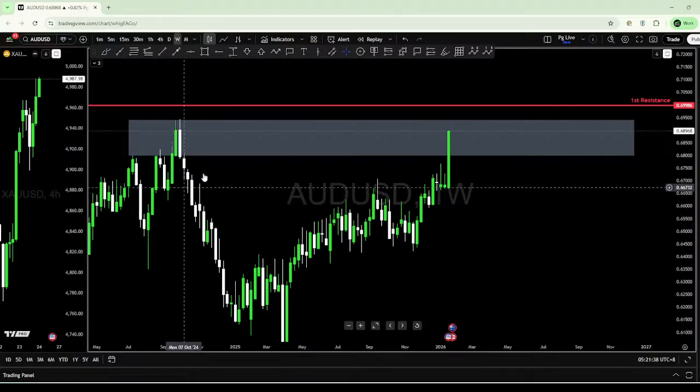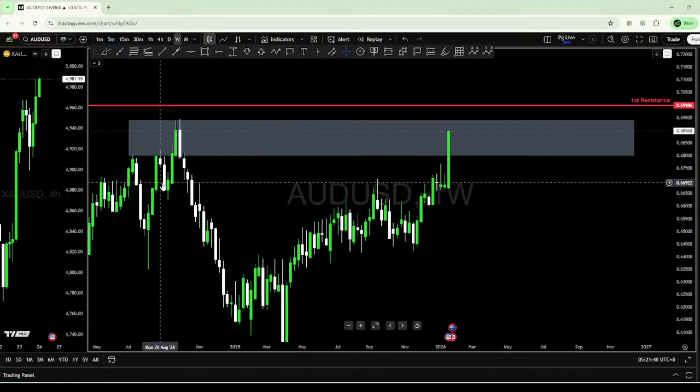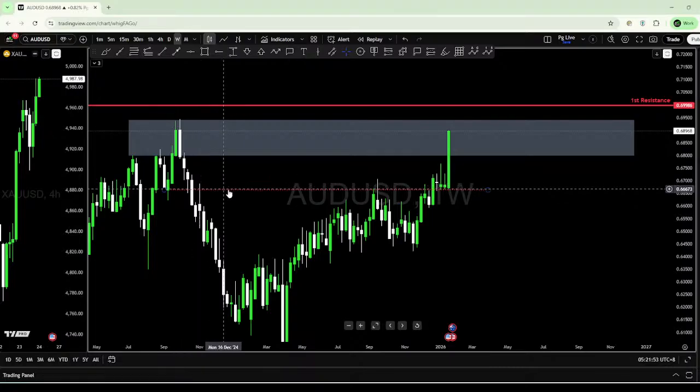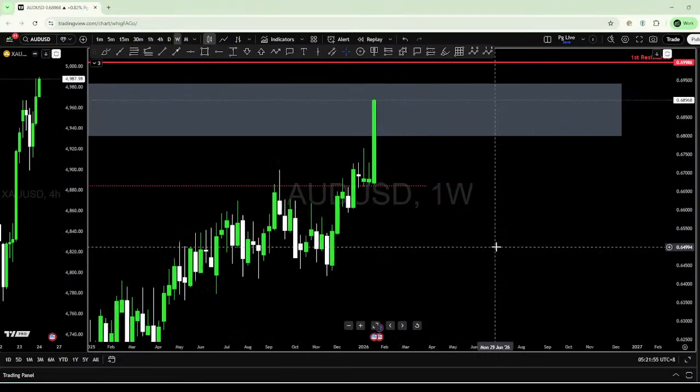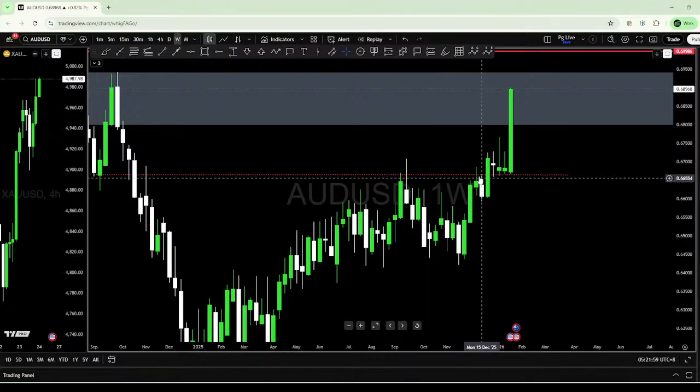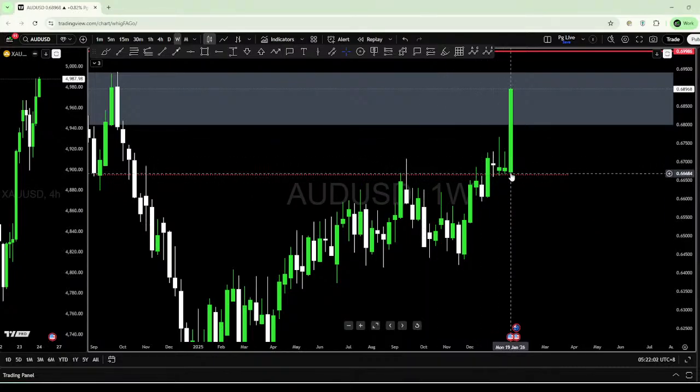You can see that it has broken this level, the neckline here. This is a resistance, it broke this with a candle, pulled back, and boom.